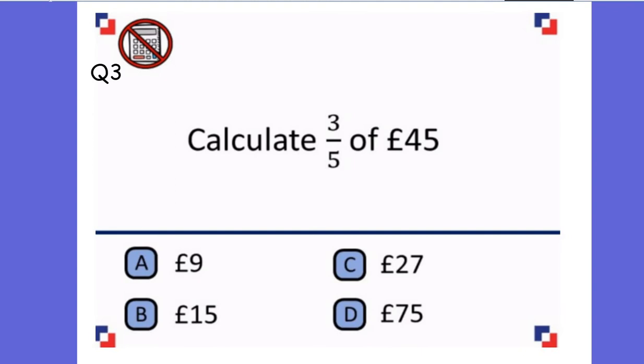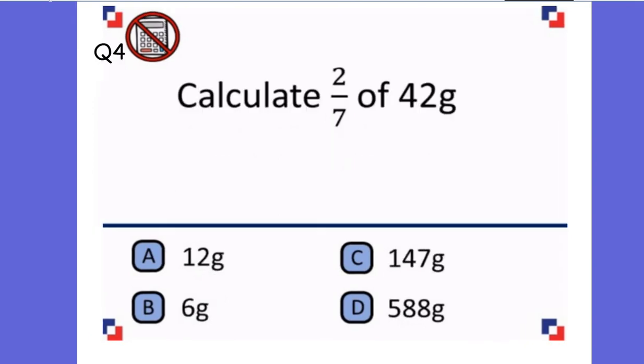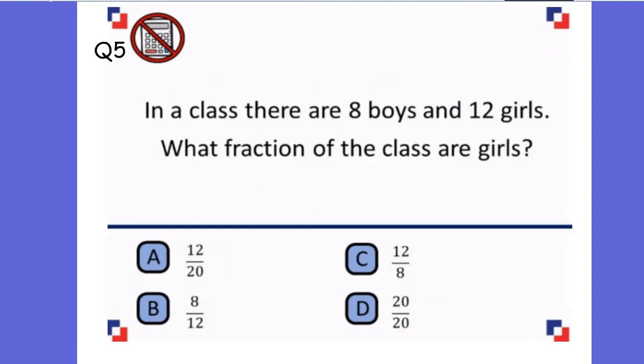Again, pause the video if you need. Next question, can you calculate 2/7 of 42 grams? Again, pause the video if you need. And for our final question, in a class there are 8 boys and 12 girls. What fraction of the class are girls?